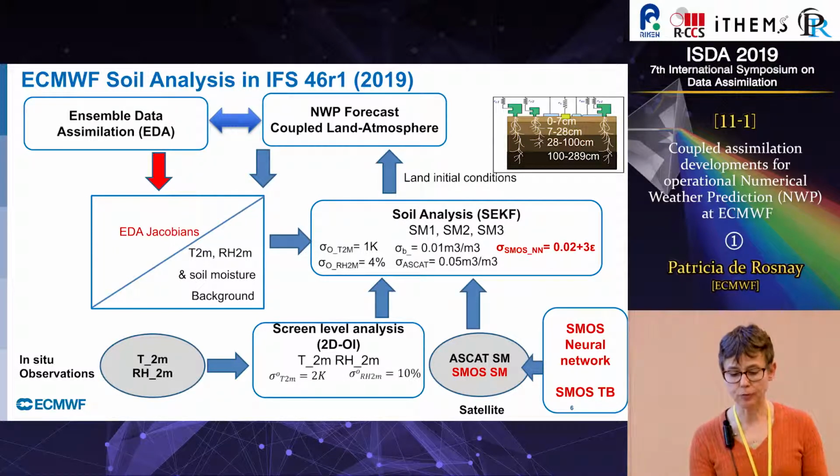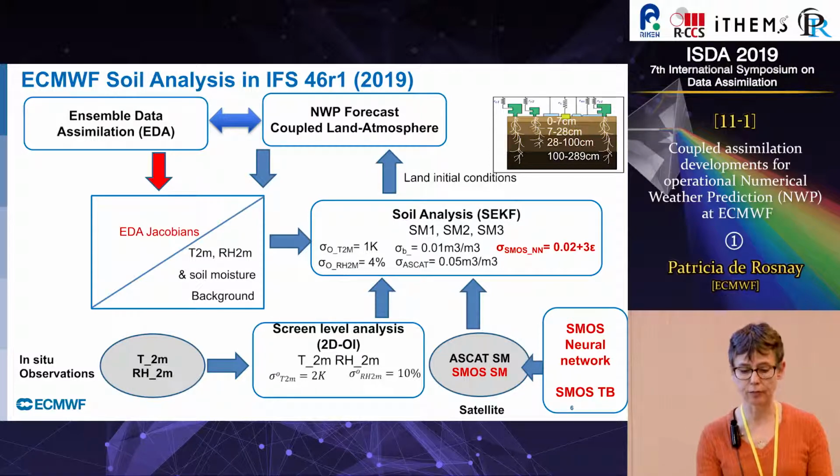Everything in red is new and will become operational in the next upgrade, which is IFS cycle 46R1, operational later in spring. But if we focus on the black part, to explain the weakly coupled assimilation approach we have, we're using a coupled land-atmosphere forecast model, which provides the background for 2-meter temperature, relative humidity, and soil moisture at different levels in the soil.